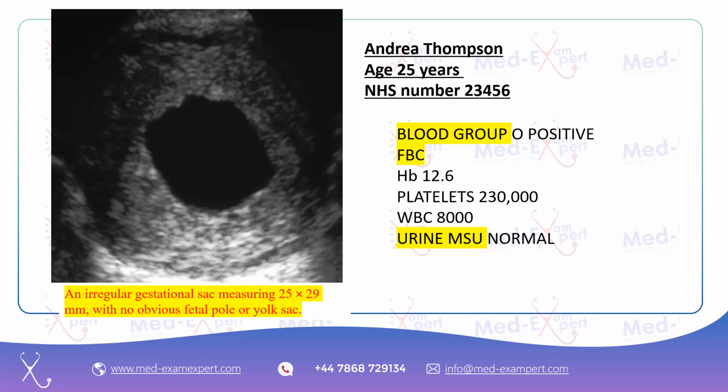So it could be a miscarriage. A missed miscarriage again. Are you sure, doctor, that this is my report? I'm sorry, Andrea, to be the bearer of this news. I've checked your name and NHS number on this, and the report belongs to you, Andrea.